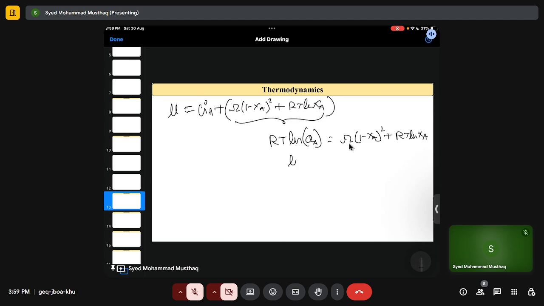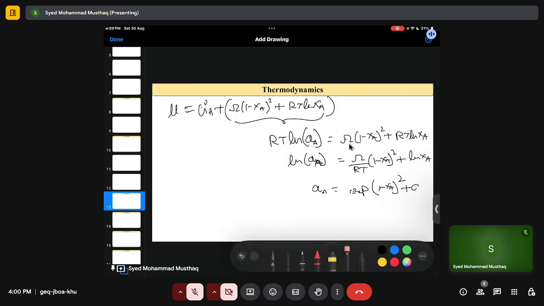Let's divide both sides by RT. So then activity of A will be equal to exponential of 1 minus xa whole square, plus exponential ln xa, which will be xa.